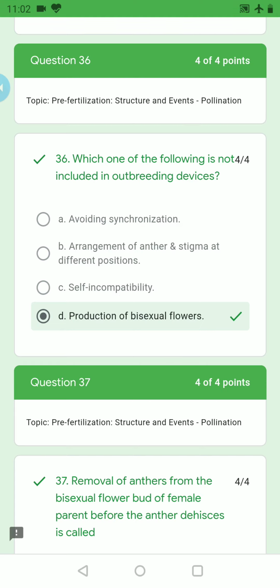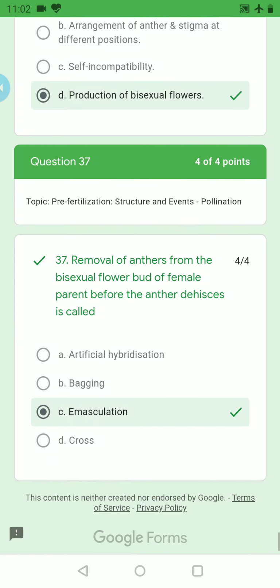The last question. The removal of anthers from the bisexual flower bud of a female parent before the anther dehiscence is called emasculation. There are two terminologies we discussed. Can you remember them? Emasculation and bagging. What is the meaning of bagging?